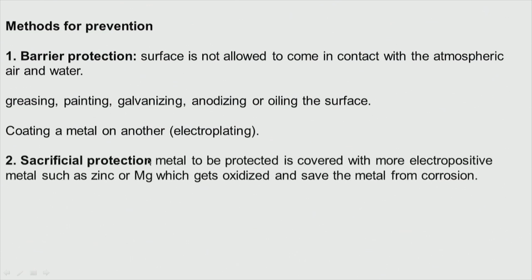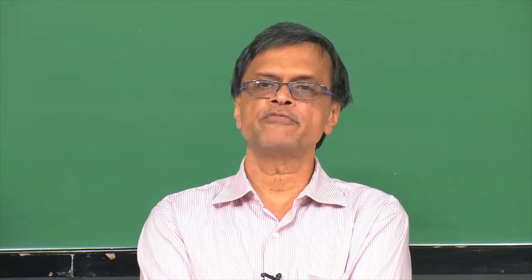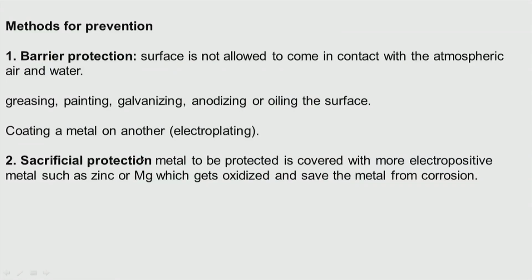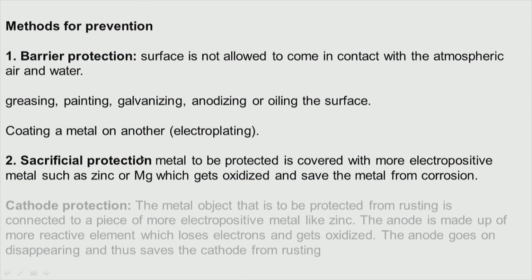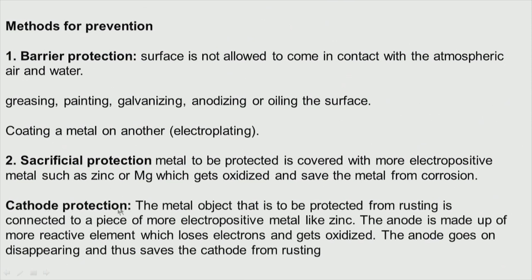Another is sacrificial protection, that means you have another metal coating on top like zinc or magnesium, which gets oxidized. So, it prevents the main metal from getting corroded, that is called sacrificial protection. You sacrifice some other metal which gets oxidized. Third is cathodic protection. The metal object that is to be protected from rusting is connected to a piece of more electropositive metal like zinc.